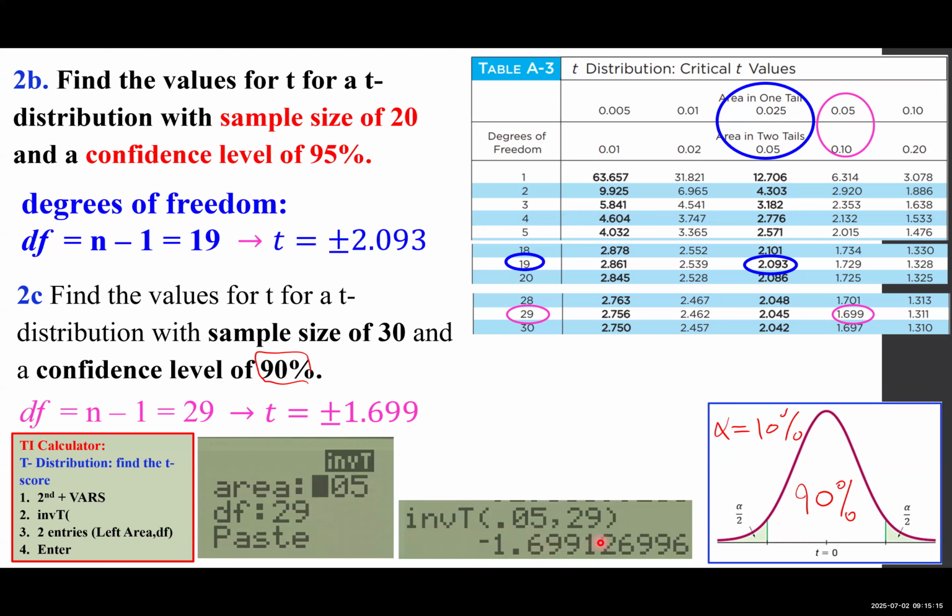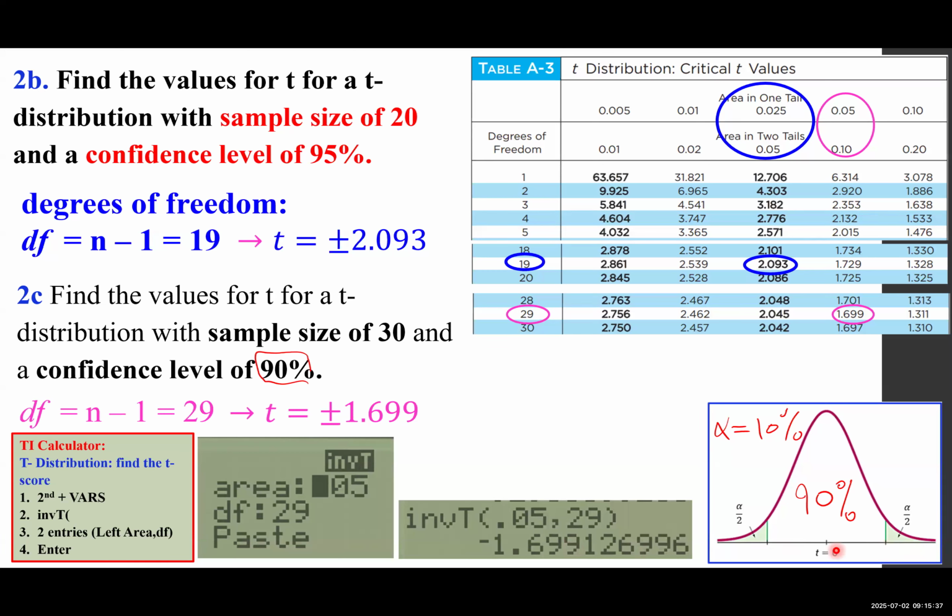Now, it gives us the answer for this one, and we should recognize that this one is the same thing but positive. Granted, if you put 0.95, it gives you this value, but there's no need for that.